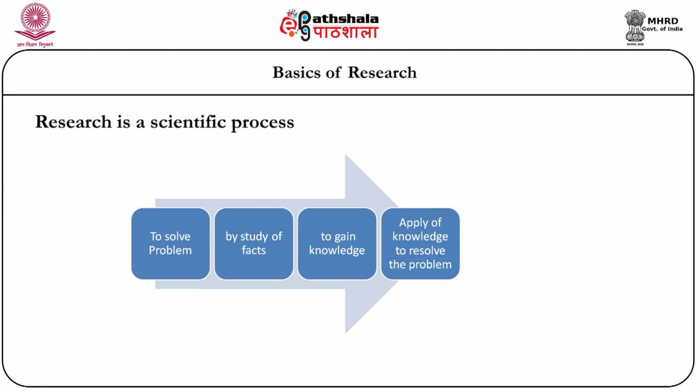He tries to gather all such relevant information, facts relating to his problem, and after analyzing those facts, he comes to a certain conclusion, and after concluding that thing, he finds knowledge, and if that knowledge is applied for the benefit of the society, and if that knowledge can satisfy or cope up the society from that problem, now it can be called as a successful process of research.